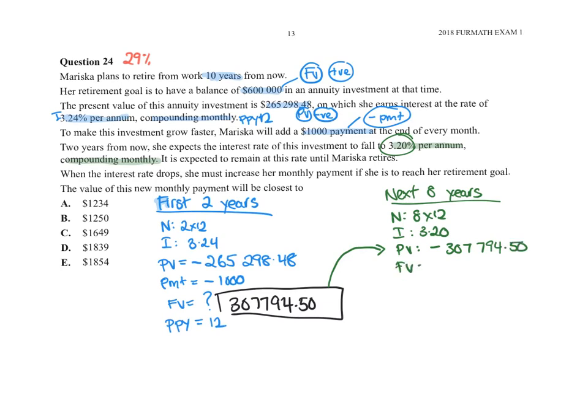Now the final value, we know this: at the end of 8 years, or the 10 years in total, we want her to have a positive, in that she's getting back 600,000. Oops, sorry, I've missed it. Payment would be next, and that's what I want to know. What does she need to make sure that her final value is 600,000? So we do that, and we get the answer of 1854 something. So E is the answer.